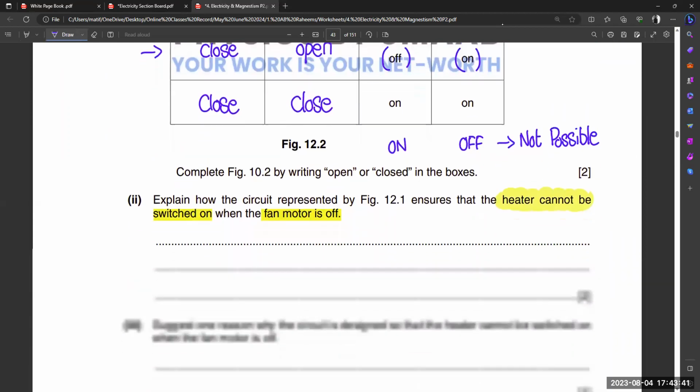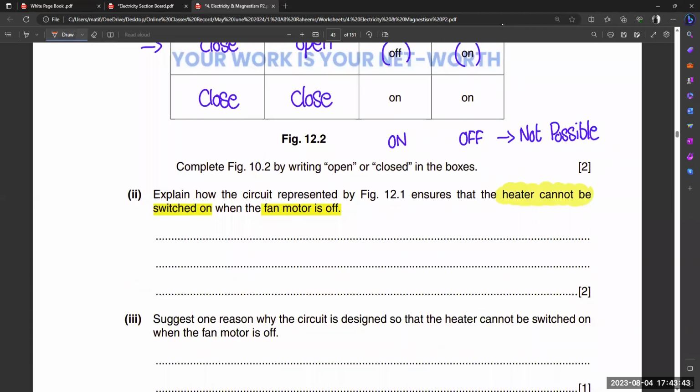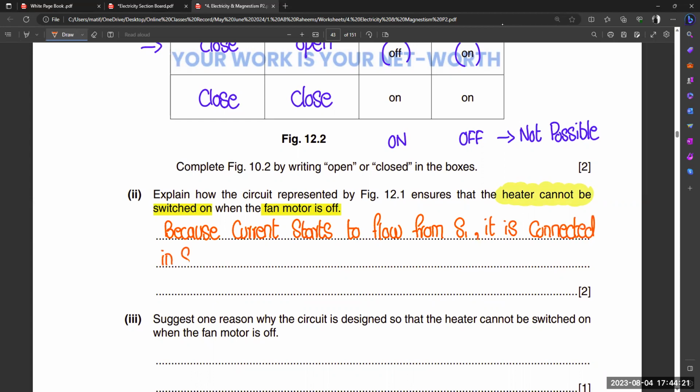So we just need to write that statement over here, because current starts to flow from the switch and is connected in series. The concept of series and parallel combination, right?